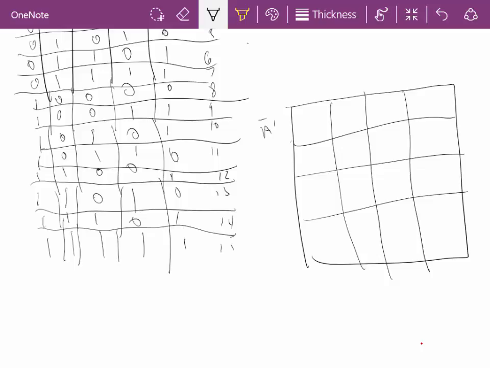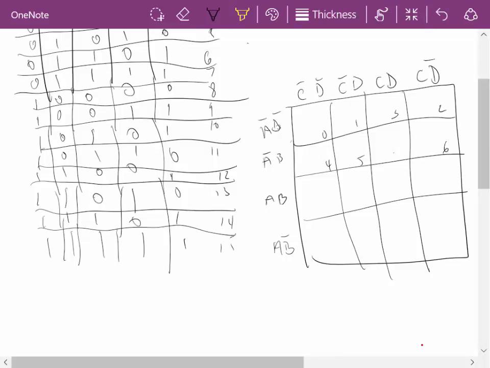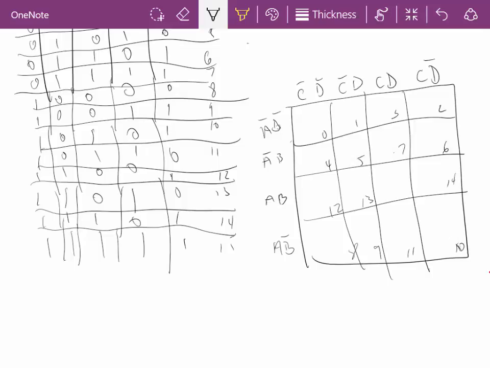This is A not B not, A not B, A B, A B not, C not D not, C not D, C D, C D not, 0, 1, 2, 3, 4, 5, 6, 7, 8, 9, 10, 11, 12, 13, 14, 15.